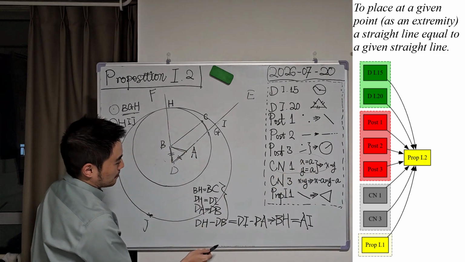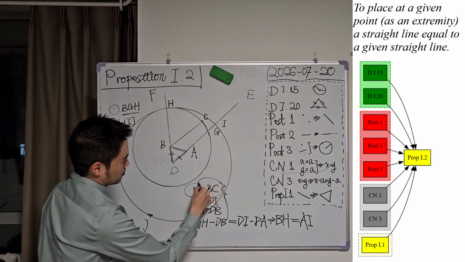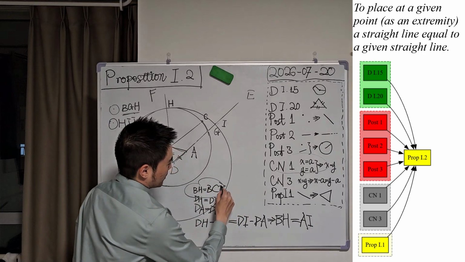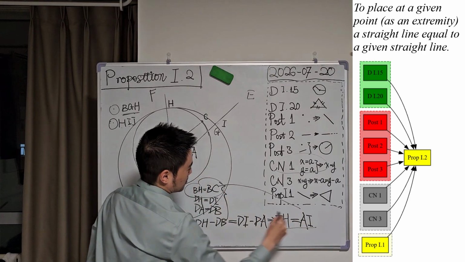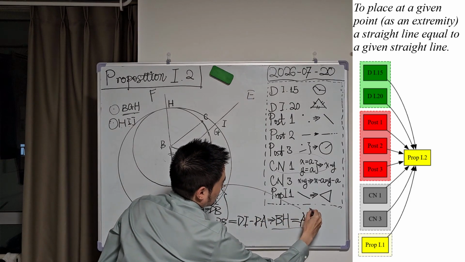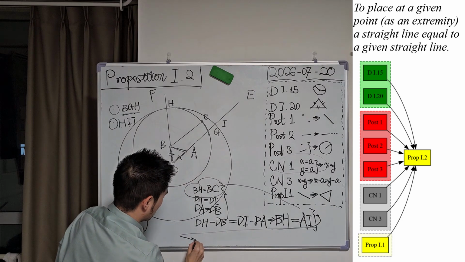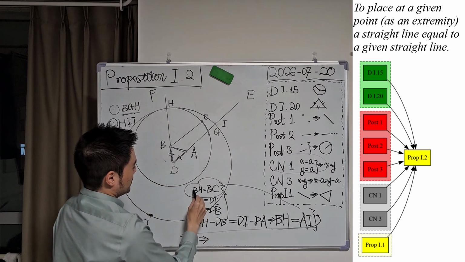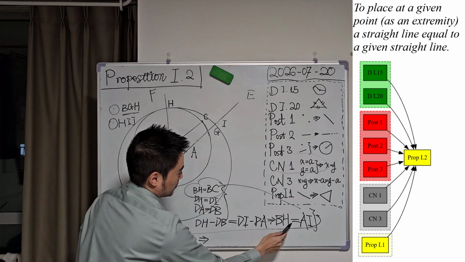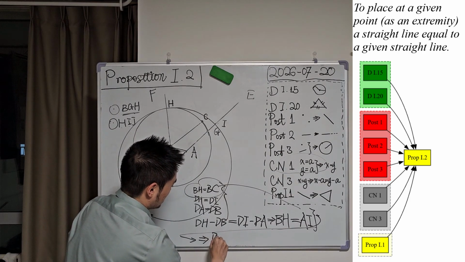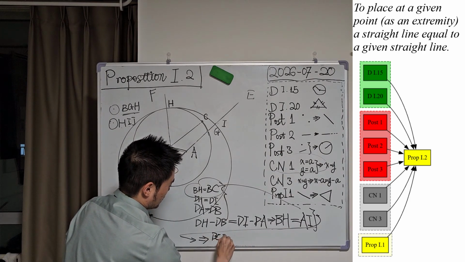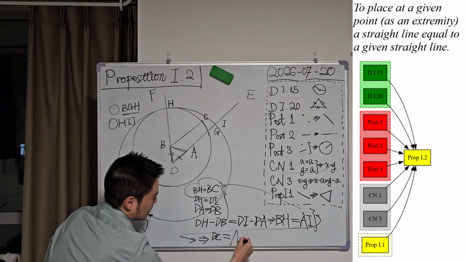Okay, and in the next step, please recall common notion 1. We already have BH equals BC, so we combine these two equations together. BH equals BC and BH equals AI. It tells us BC is equal to AI.